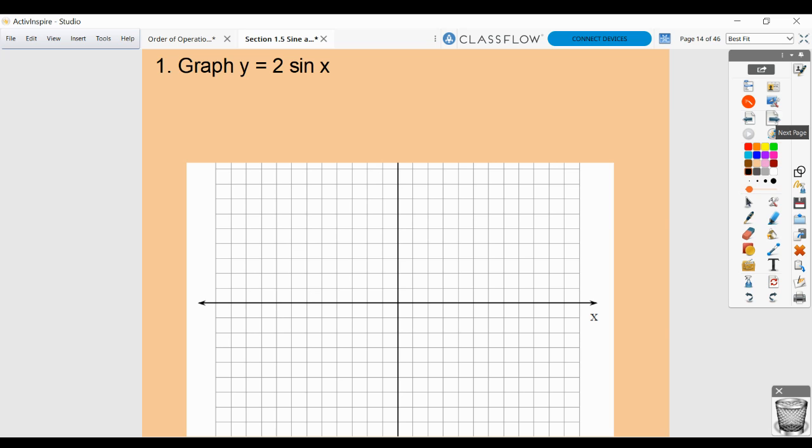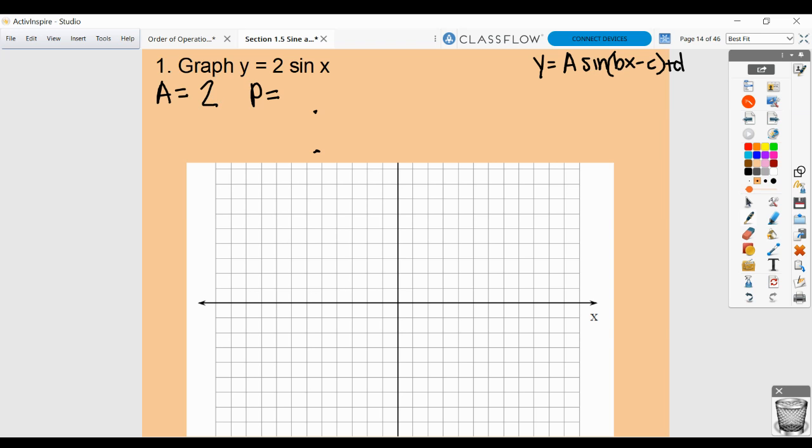So if we look at this first example, we have y equals 2 sine x. We need to figure out the amplitude and the period first. Looking at the original form, y equals a sine(bx minus c) plus d, the amplitude is always that number in front of the sine.